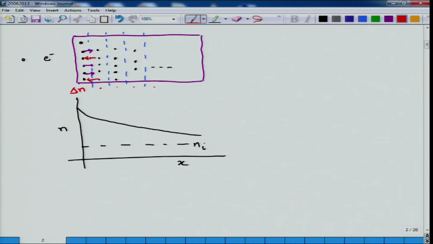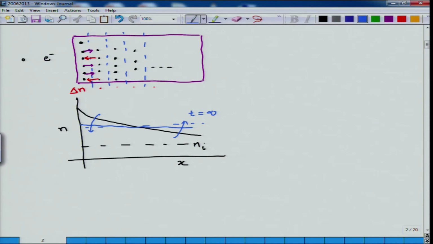So, in general we assume it is not going to be the same. In that situation, eventually with time one would expect that this variation in carrier concentration should become less and less. With time, because of this diffusion process of random motion of carriers, one would expect the carrier concentration to become uniform if we have time to wait till infinity.